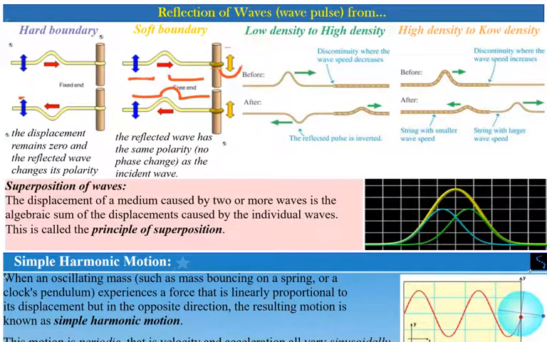And it also applies to low and high density. So if the wave is traveling, let's say, in this direction, and it reaches the higher density, part of the wave is going to be reflected the same as if it was a hard boundary, and part of the wave is still going to travel in the same phase.